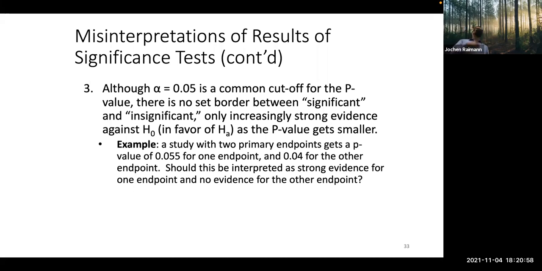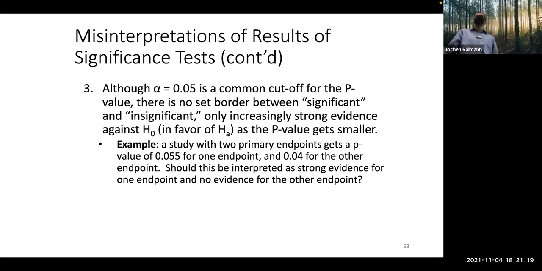It may still be hypothesis generating. It still may be something important to interpret and to keep in mind, and maybe down the line for future studies to consider as an alternative outcome or as an additional outcome. You never know. So I think even negative results should always be reported.